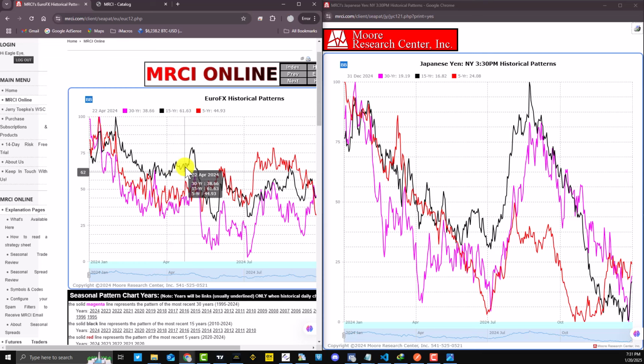So for your euro yen, around April to May, you can have the price rally for this given time period. You should have that in mind.